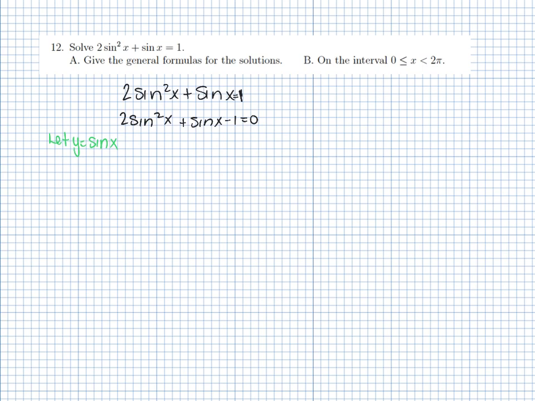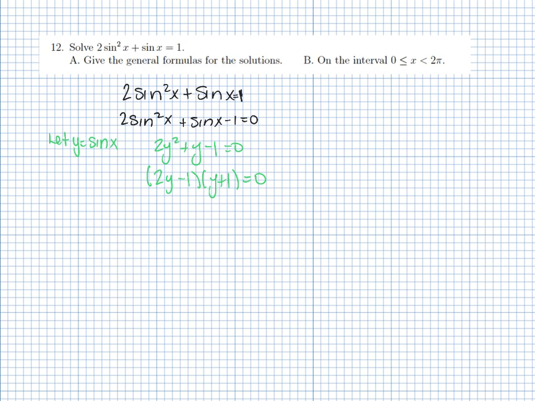So what I have is 2y squared plus y minus 1 equals 0. And in fact, I can simplify by factoring this into 2y minus 1 times y plus 1 equals 0.